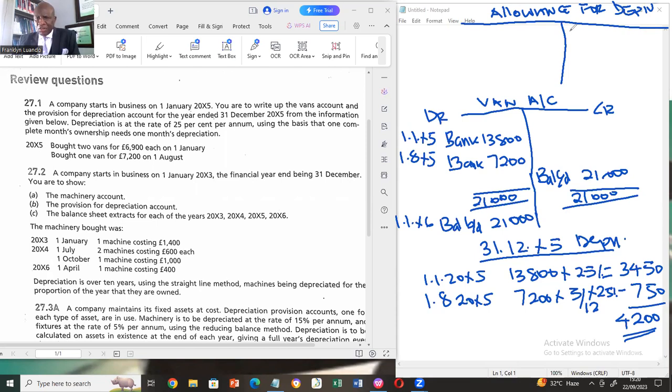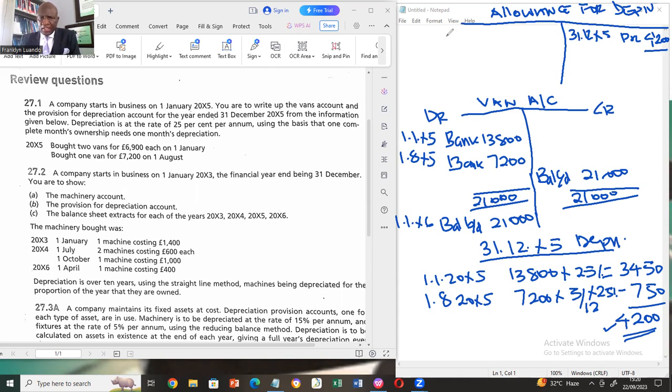So at the end of the year, 31st December, X5, we have P&L. So the P&L there will be 4,200, that is the total depreciation that we have calculated here.